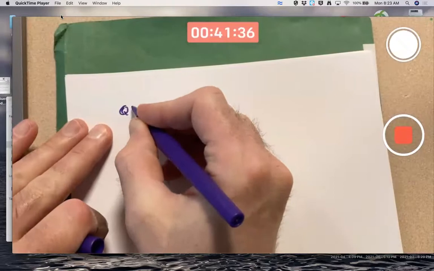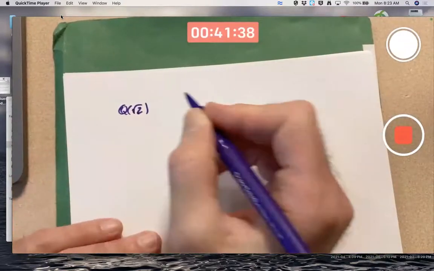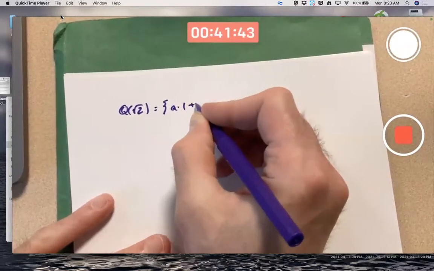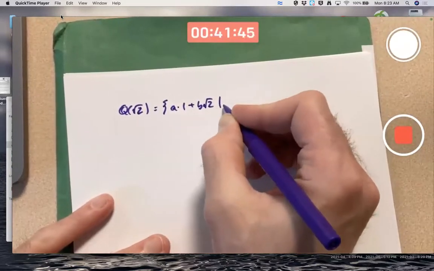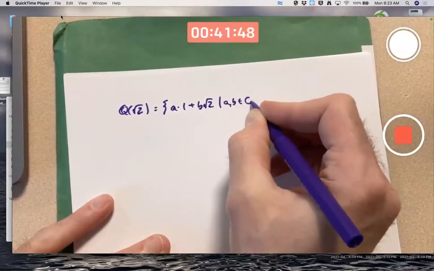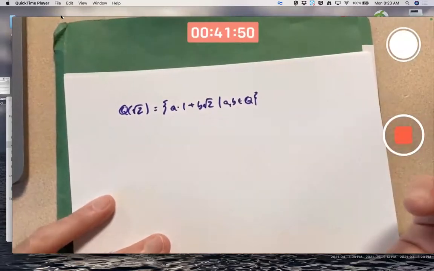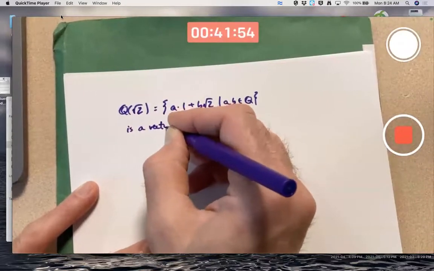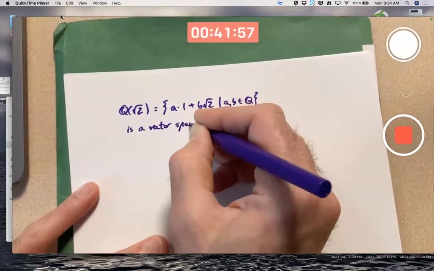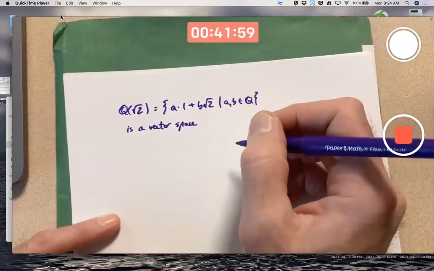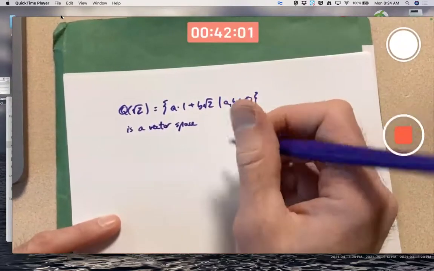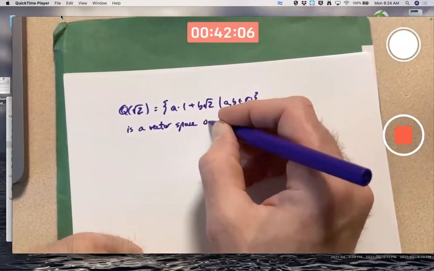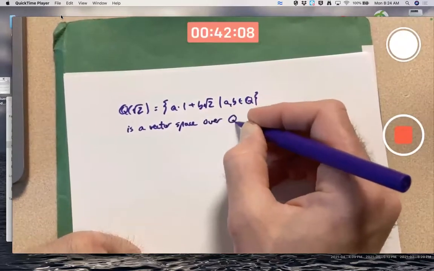Q adjoin root 2, as a set, again, it's the set of all numbers that can be written in this way, is a vector space over Q itself.